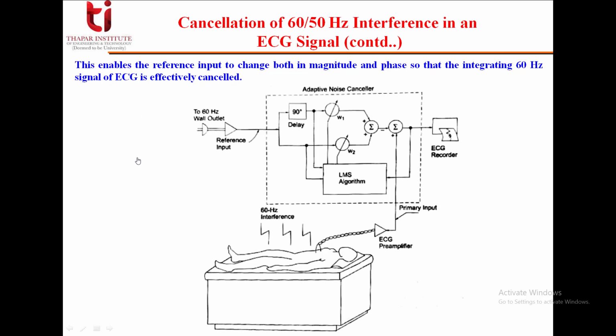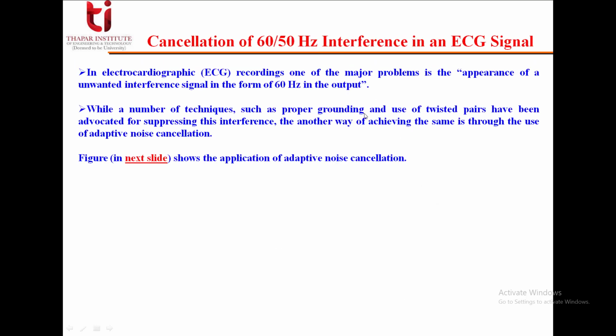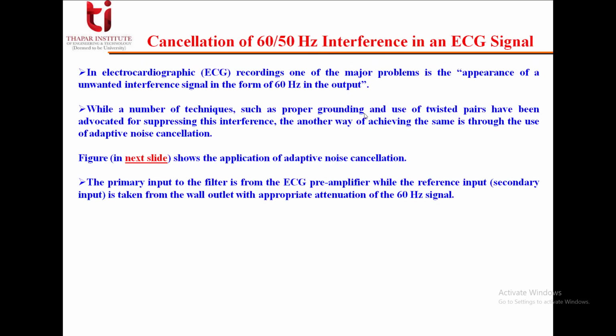As you can see, this is an adaptive noise canceller. The primary input to the filter is from the ECG preamplifier, while the reference input, that is the secondary input, is taken from the wall outlet with appropriate attenuation of the 60 Hz signal.